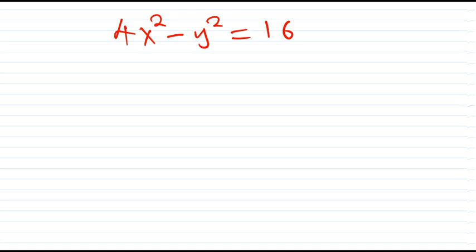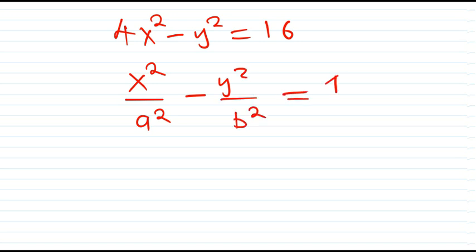Okay, so to start with, we understand the form of the equation already, as we can see. It is not started with y squared, this started with x squared. So this is x squared over a squared minus y squared over b squared equal to 1.